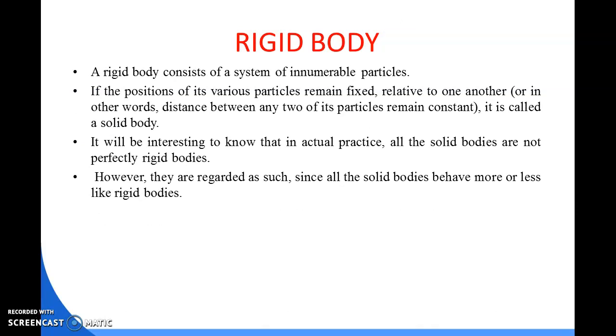The next term is rigid body. A rigid body consists of a system of innumerable particles. If the positions of its various particles remain fixed relative to one another, it is known as a solid body.